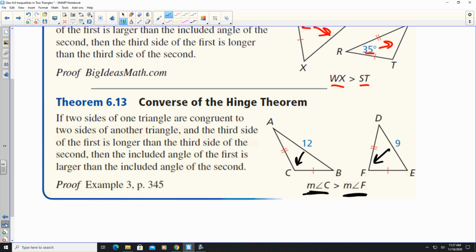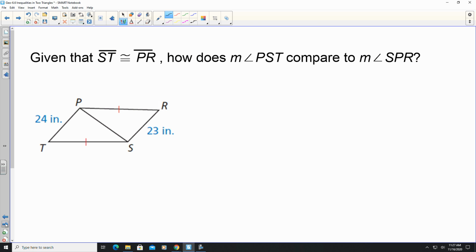All right, so using those theorems to help us out, what we're going to look at is we have two triangles, and it says that ST is congruent to PR. Both triangles share PS because of the reflexive property. But we have RS is 23 and PT is 24, which are different measurements.